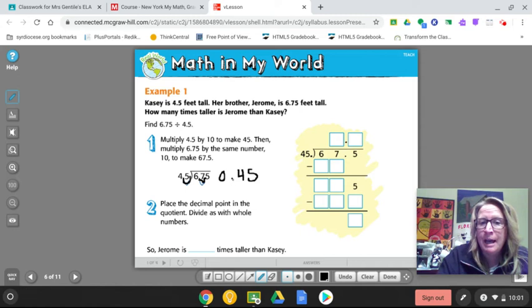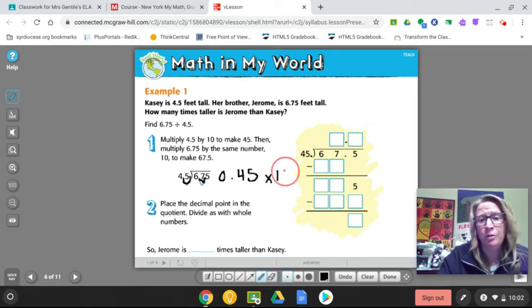Well, look, how many spots am I going to have to move to the right to get my decimal to make 45 into a whole number? Well, 1, 2. What power of 10 has 2 zeros in it? If the number 10 has 1 zero in it, you just add a 0 to it. So what we did was we multiplied this by 100.